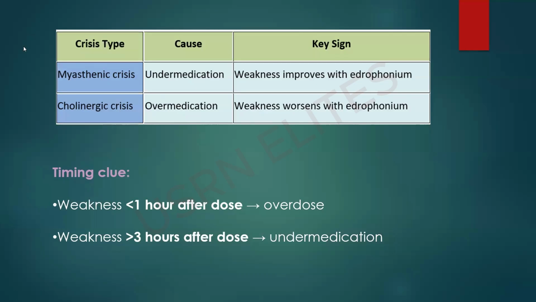Another question is with Parkinson's disease, you said it's a result of higher levels of choline. So the cholinergic crisis too is a result of a high level of choline. How will you contrast them?